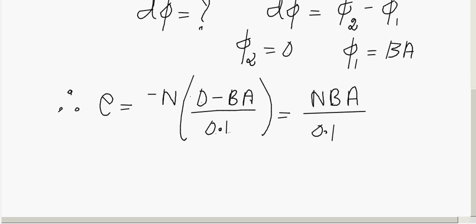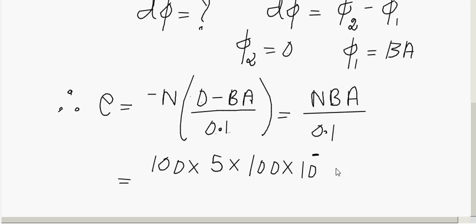Now substitute all the given quantities. N is 100 turns. What is B? It is 5 Tesla. What is A? 100 centimeter square. Convert it into meter. So it is 100 into 10 to the power minus 4 divided by 0.1.